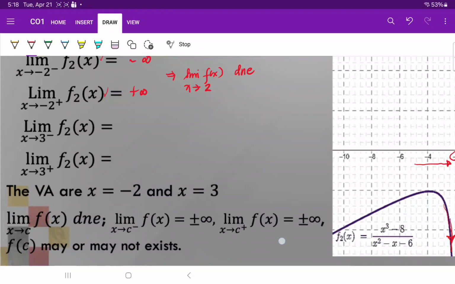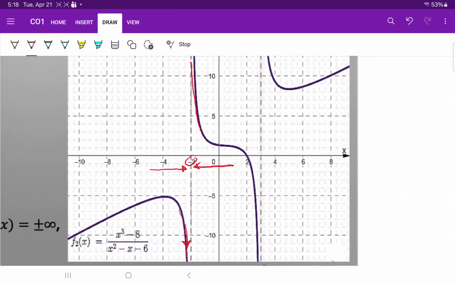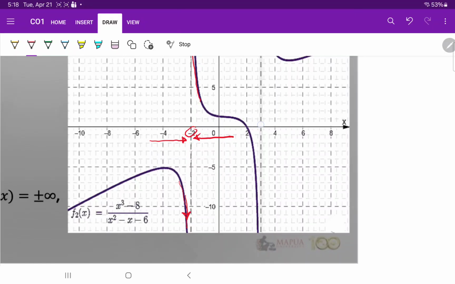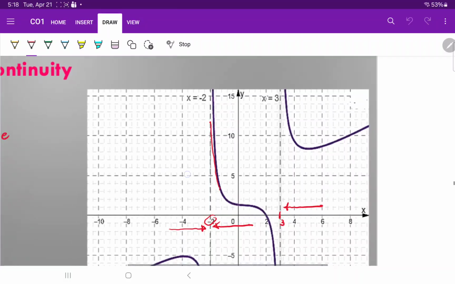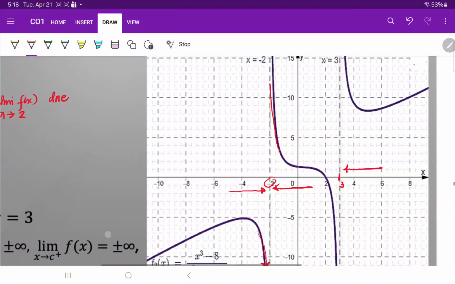Now, we find the limit of the function as x approaches 3 coming from the right. So where is your 3? This is your x equals 3. So coming from the right of 3, what's your limit? It's positive infinity. How about if you come from the left of 3?